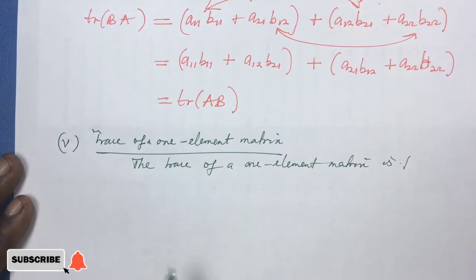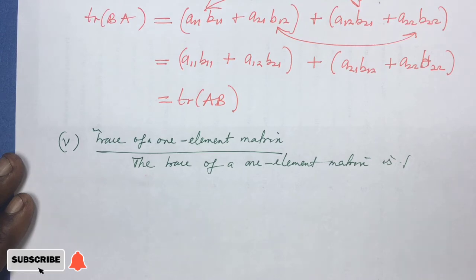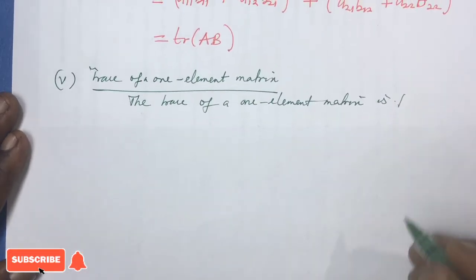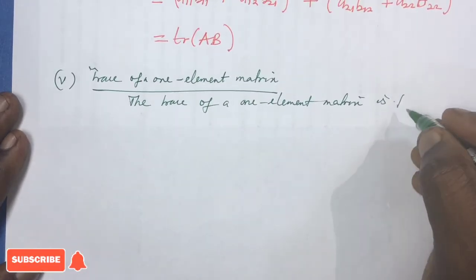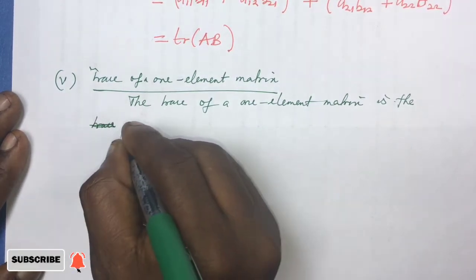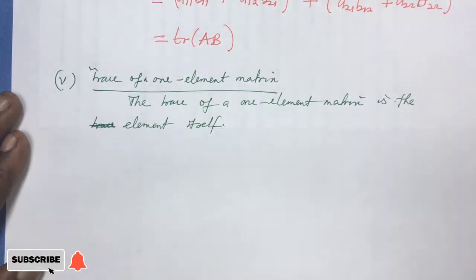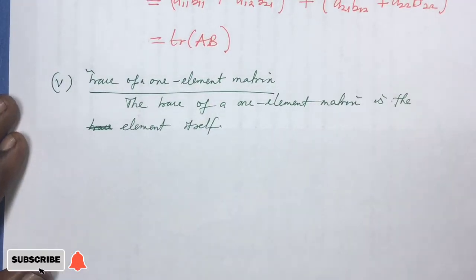The trace of a one element matrix is the element itself.